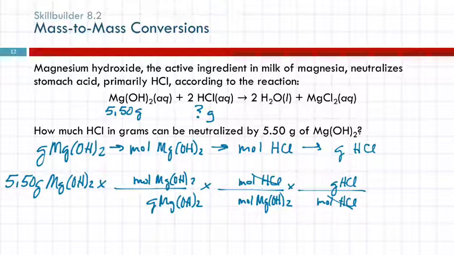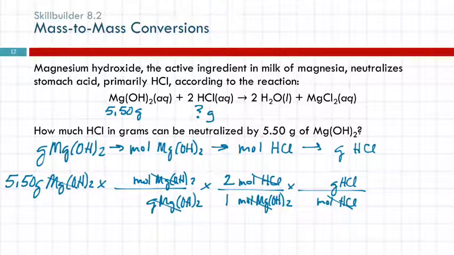So those cancel out. We need 2 molar masses and 1 mole ratio. The mole ratio is the easiest, so I like to start with that one. We look at the balanced chemical equation. 2 moles of HCl, 1 mole of magnesium hydroxide.